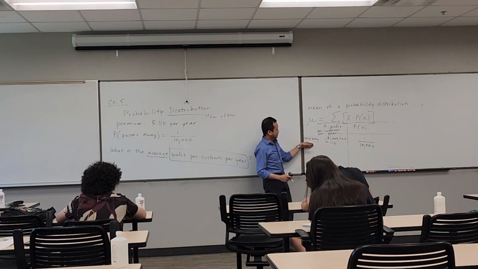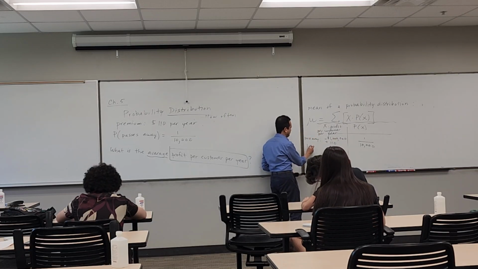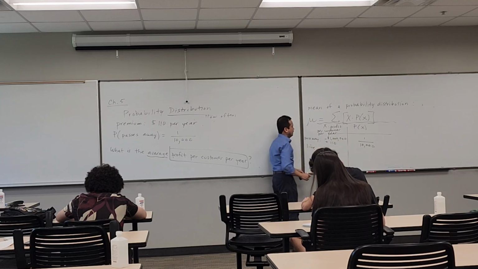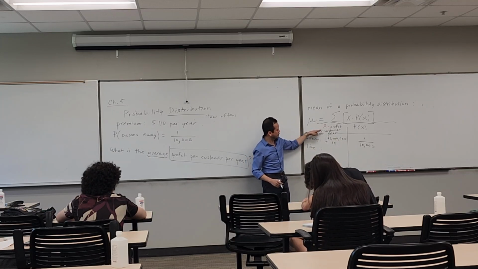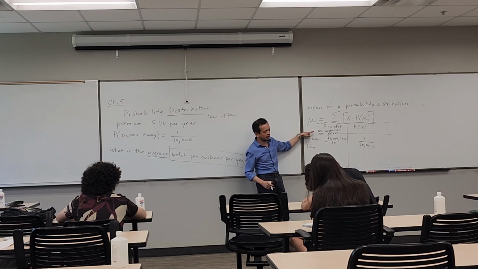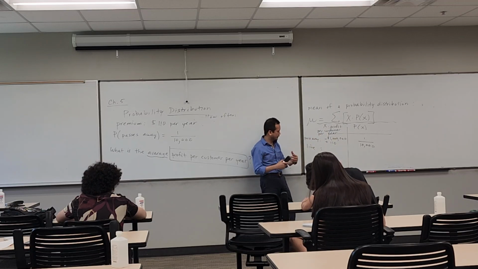And then what's the other situation that could happen with the customer? They could live. And what would the value of this variable be in that situation, where the variable represents the profit per customer per year? If they live, what's the profit that we make off that customer per year? Yeah, we make the full 110.